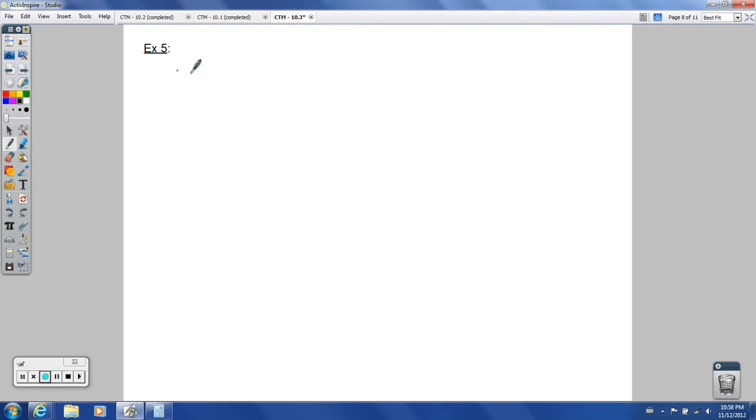Alright, so let's continue with example 5 here. Write this down as your instructions. Find the replacement for the question mark. You'll see it worded like this in your book, so I'm going to word it like this here too. Find the replacement for the question mark that makes each of the following true.